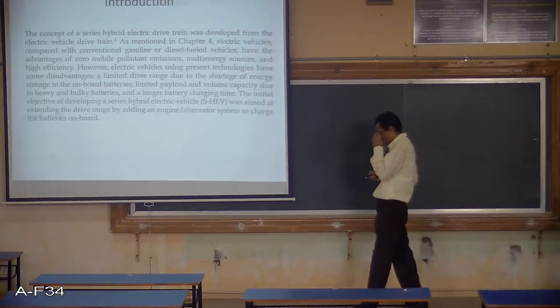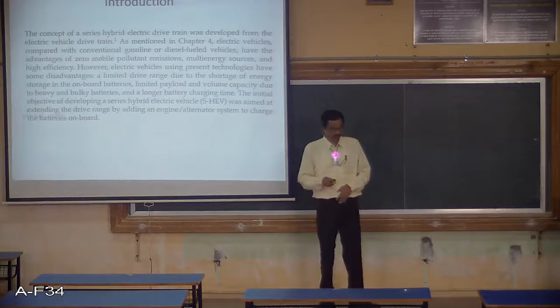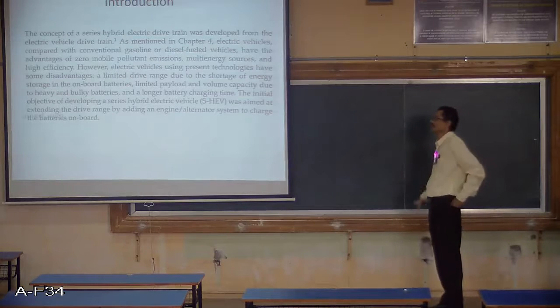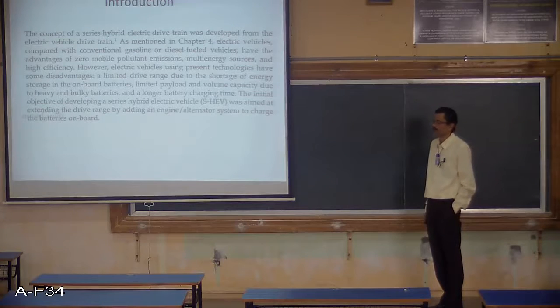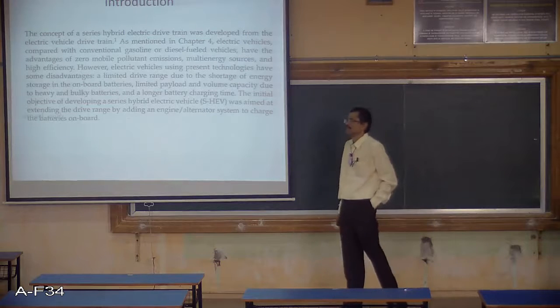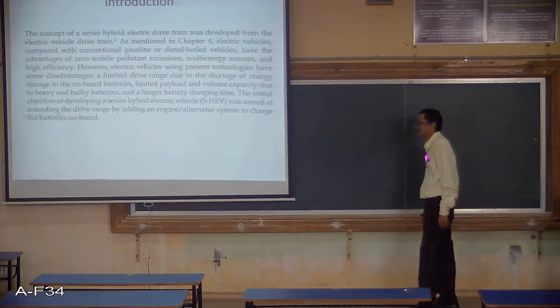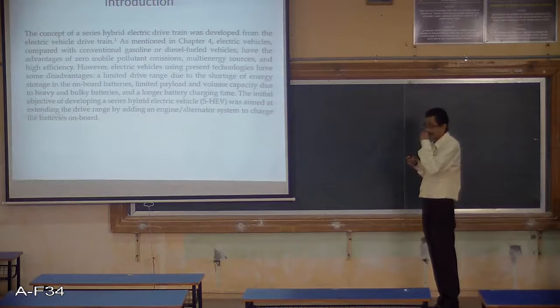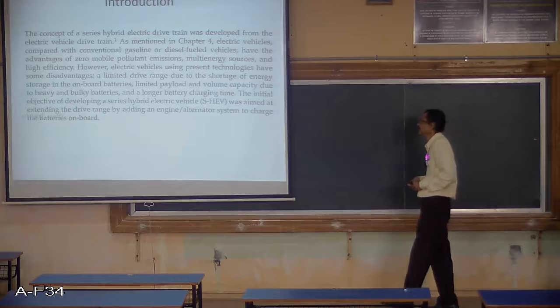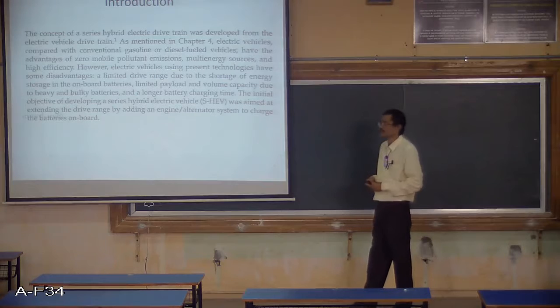So actually when we see the electric vehicle, only electric vehicle, what happens is when the battery gets discharged due to a long run of the vehicle, in order to run it again for a further period, you need to charge the batteries. So this hybrid vehicle was developed just to support the battery in case it is discharged.